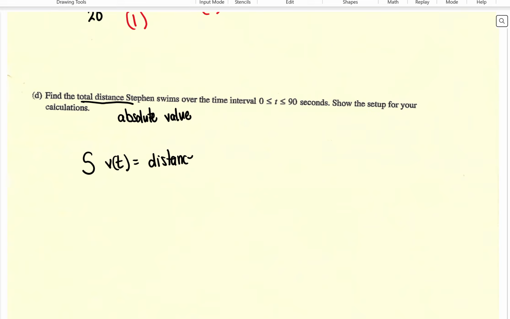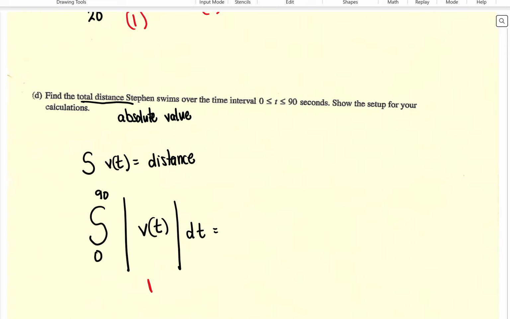The only difference between C part and D part is, first of all, it asks from 0 to 90, and then I have to use absolute value of that to get my answer. If you knew to do absolute value of that velocity function, give yourself a point. Then if you put that in the calculator correctly and you got 62.164 meters, give yourself the last point on this question.